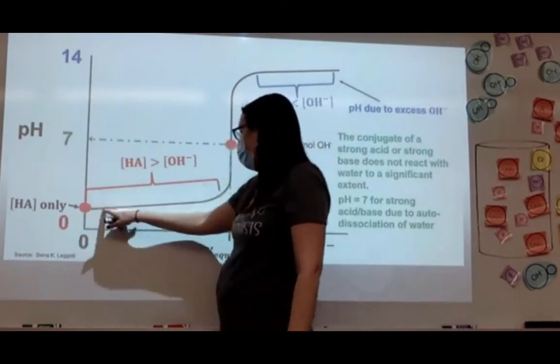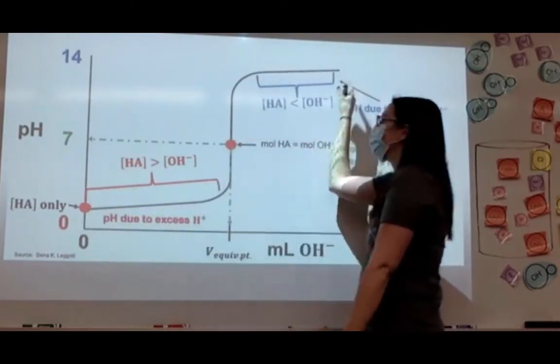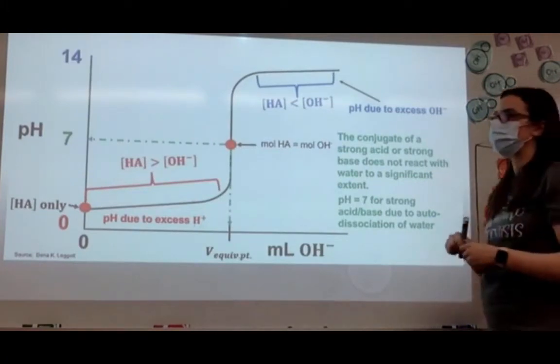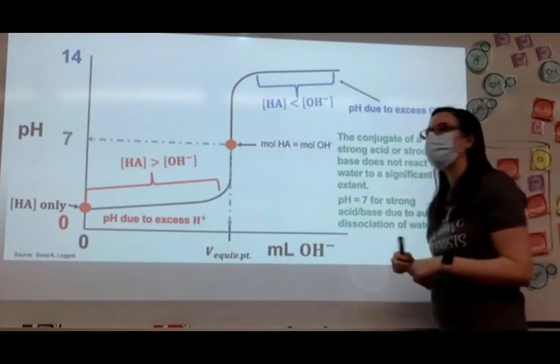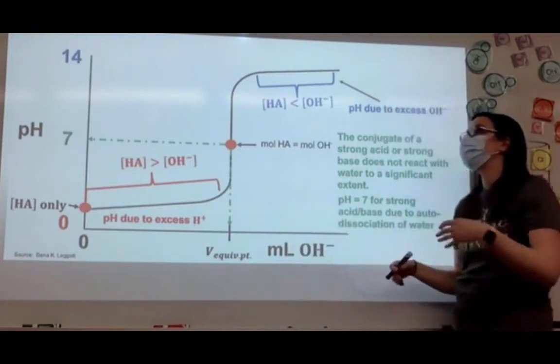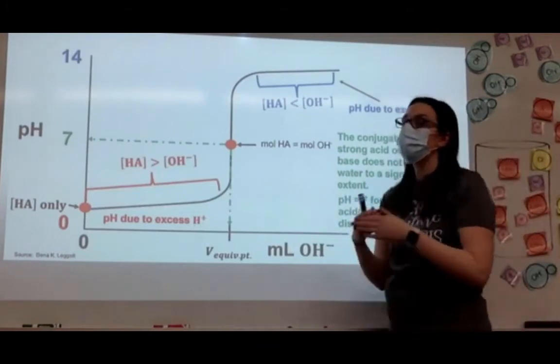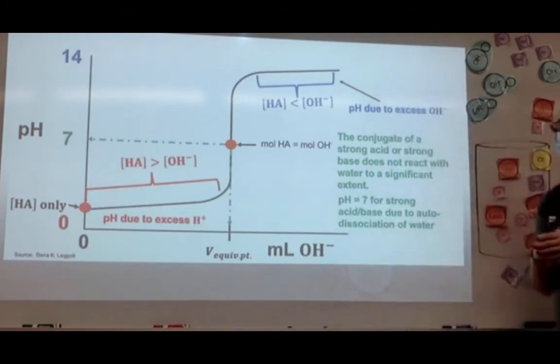And then anywhere else on this curve, if we need to find pH, strong titrations are stoichiometry. So kind of like, was it last Friday when we were looking at acid-base neutralization? When it was a strong reaction, it was just stoichiometry.